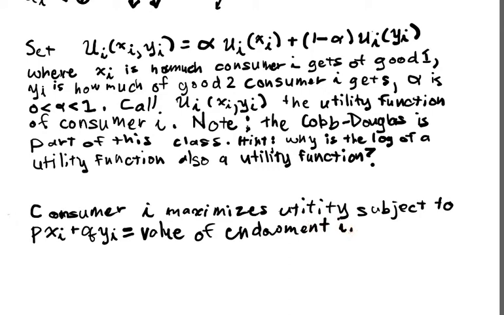P is the price of the good represented by X, and Q is the price of the good represented by Y. When I come to the market, I only have my endowment, essentially the value of my endowment, and so what I should be able to get of my goods should be equal to exactly this equation.